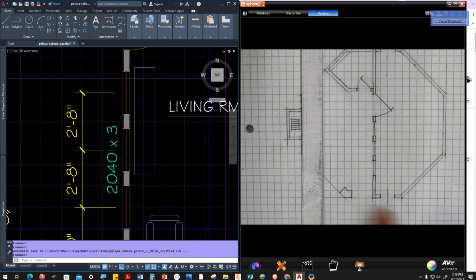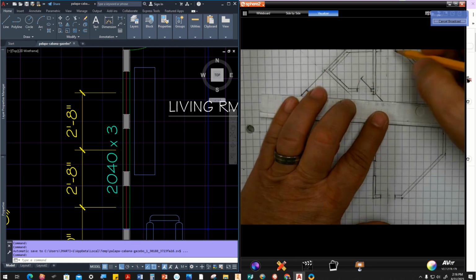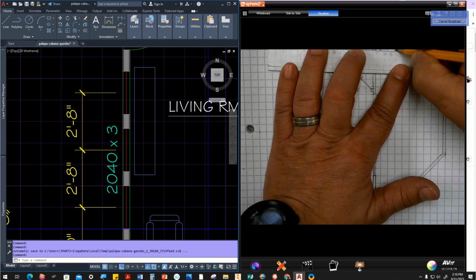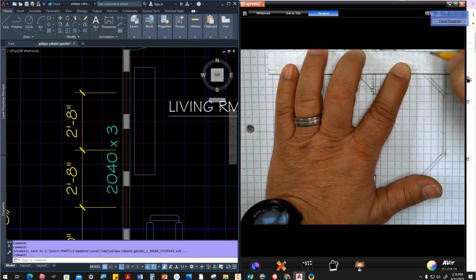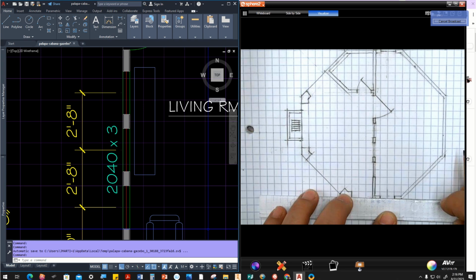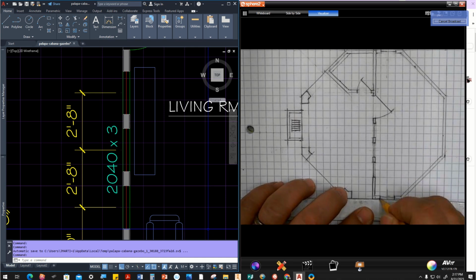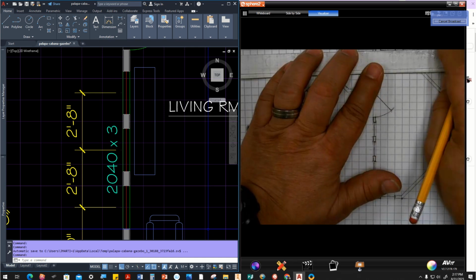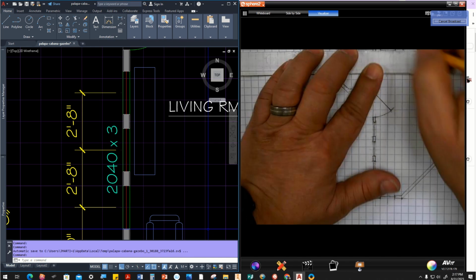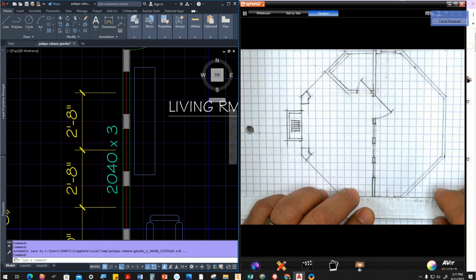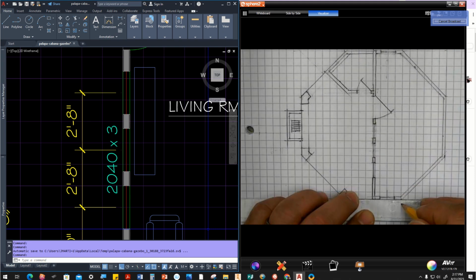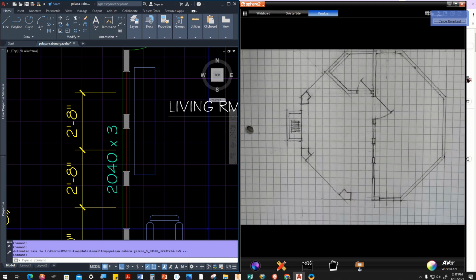And you have two more windows at the kitchen and at the desk area. So one heavy line in the middle, parallel, and soft lines on the side. And there you have symbols for doors and windows.